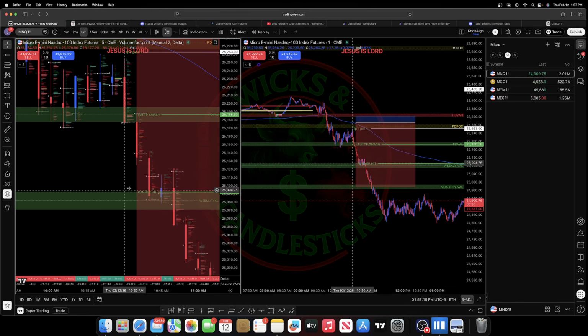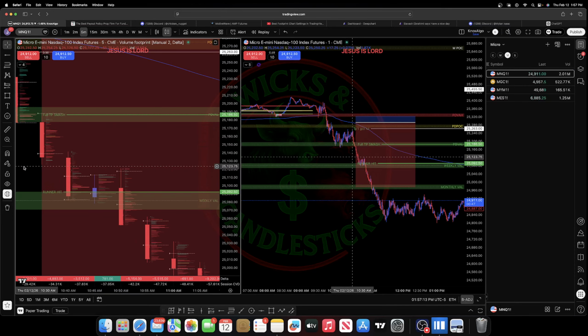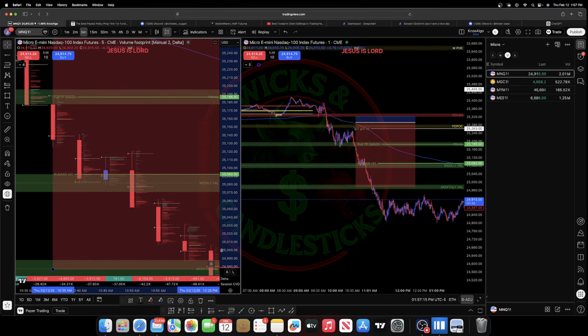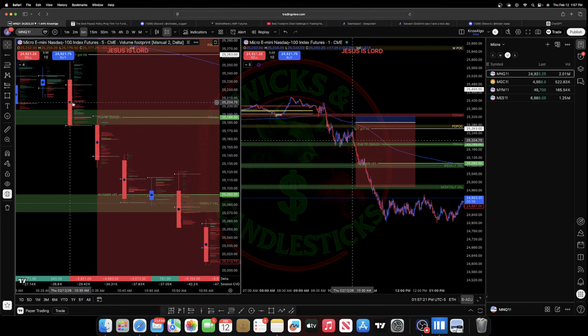And as I was seeing the pressure, the amount of pressure that the sellers were putting, let me lock this. After it hit here, I saw all this pressure right here on the 5 minute chart. I saw this pressure here as it was coming down. It was just growing.